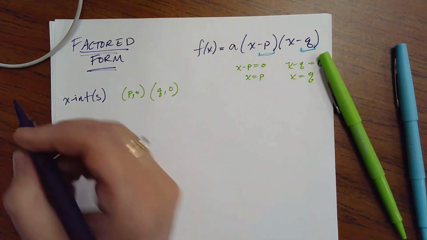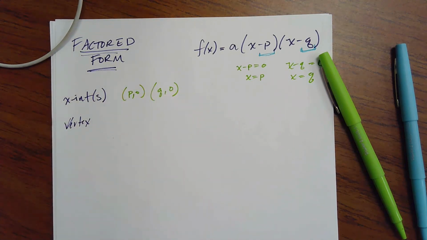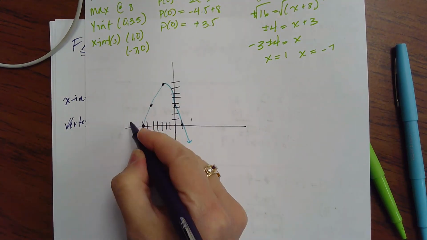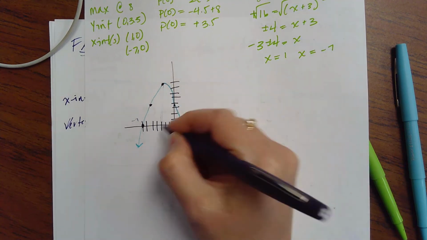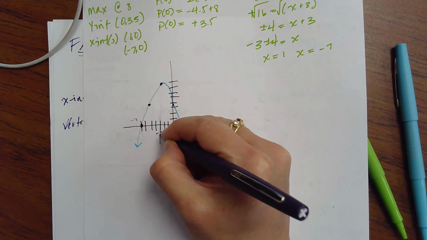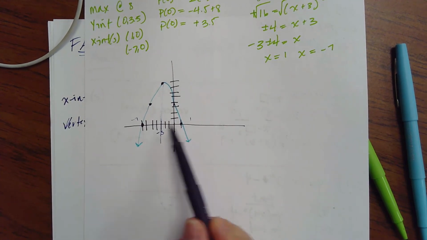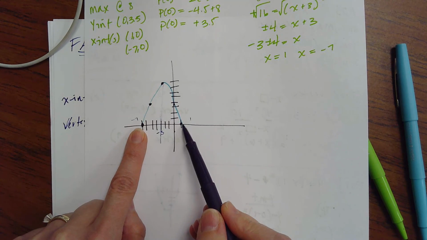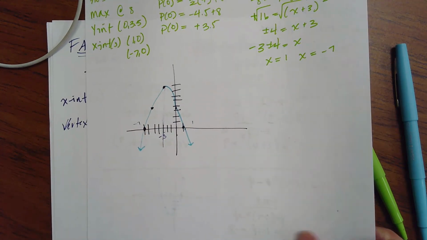Once I know the x-intercepts, now I'm going to find the vertex. Remember what I said on the last problem: if you know your two x-intercepts, let's look at this one, this is 1, this is -7, the x value of your vertex has to be halfway in between those two x-intercepts. So all you have to do is average them to figure out the x value of your vertex.